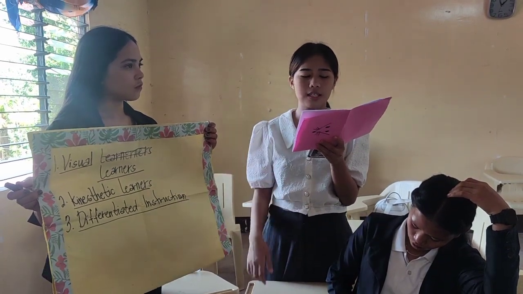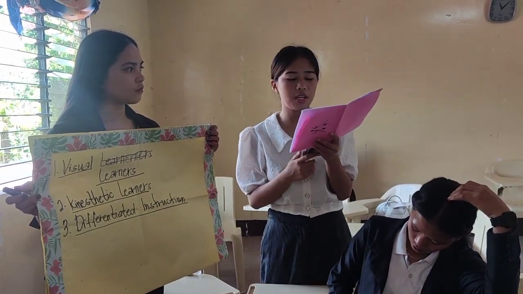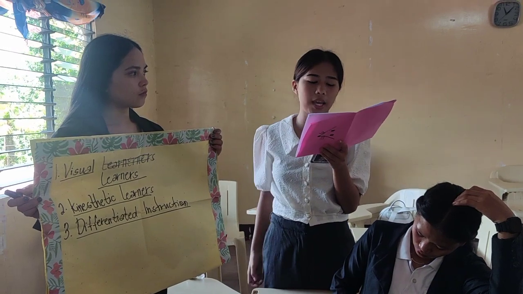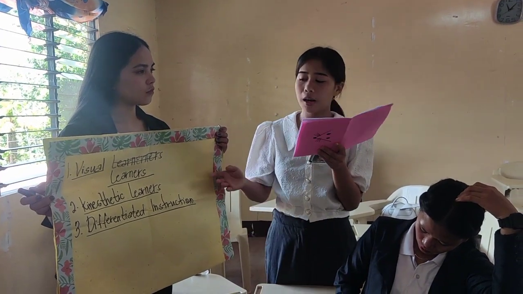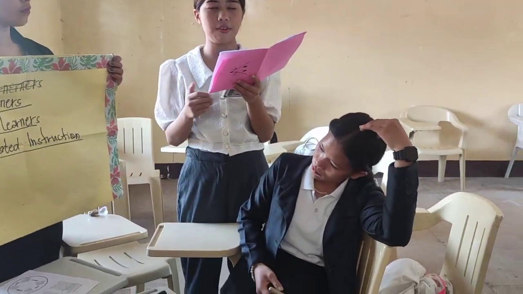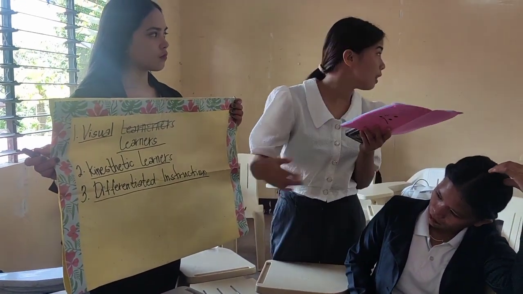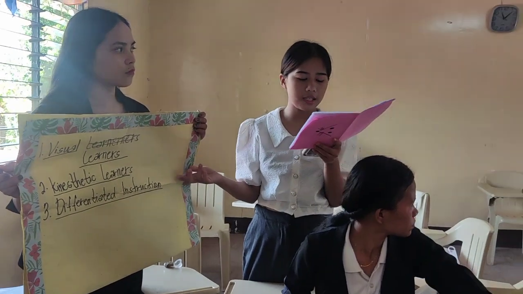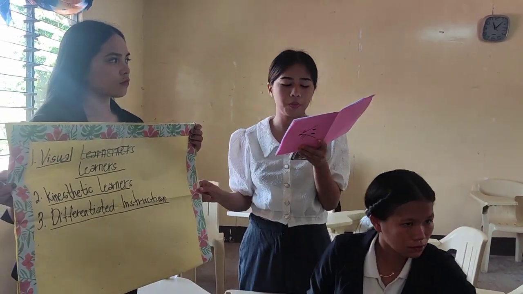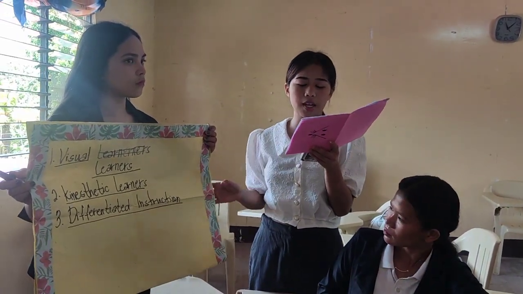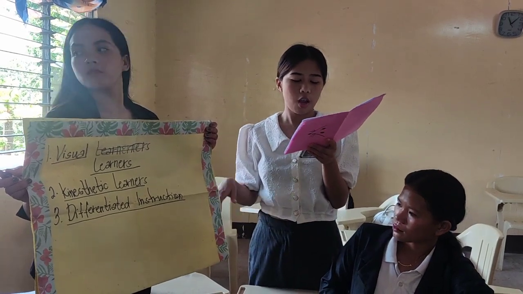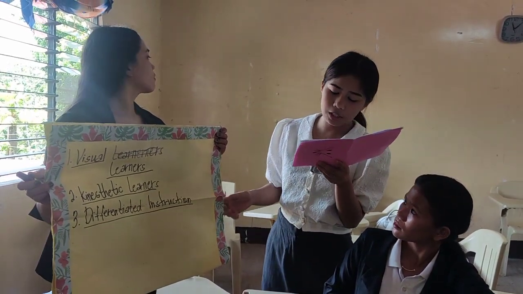The second strategy is kinesthetic learners, who learn by doing and experiencing, through hands-on activities like experiments and practical application to conduct science. The last strategy is differentiated instruction, which is providing options for students to choose from based on their learning style.